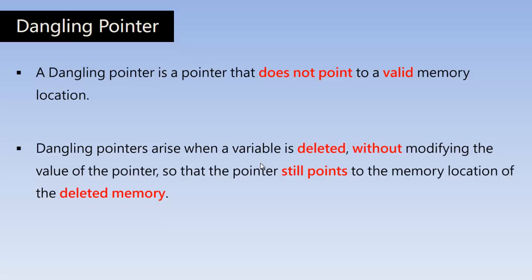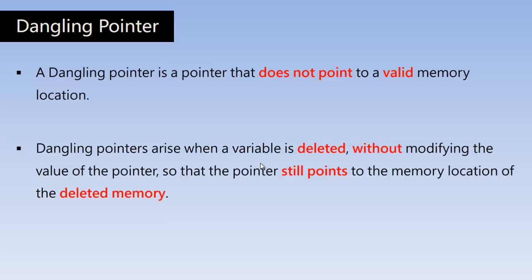Say in a program you are pointing to a variable using a pointer variable, and you are not modifying the content of the pointer, I mean you are not making the pointer stop pointing to the variable even after the variable that is pointed to by the pointer is deleted, then you can call that pointer a dangling pointer.